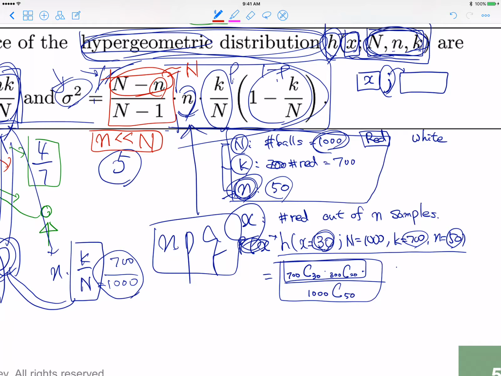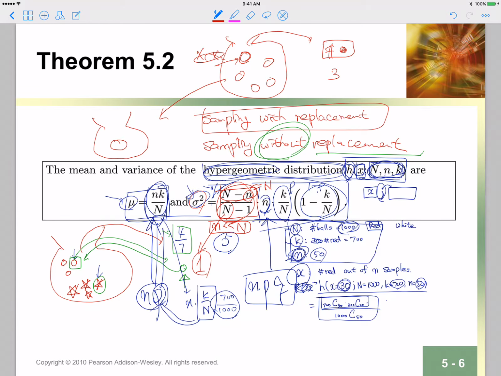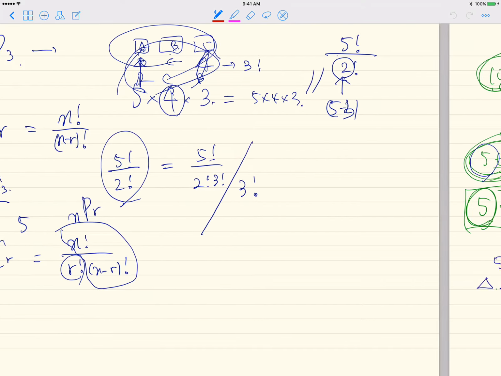So it becomes just N over N minus 1. If N is also really large, then N minus 1 and N will be approximately the same, so it will converge to 1. So if N is really large and small n is much smaller than capital N, then this hypergeometric distribution becomes the binomial distribution. Okay, that's it for this hypergeometric distribution.